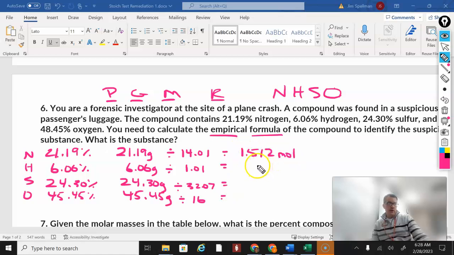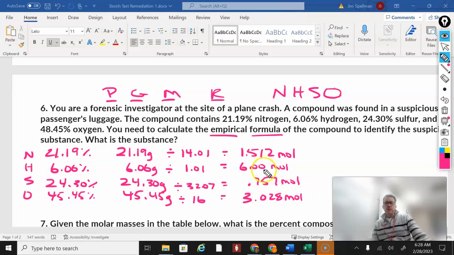I'm going to err on not rounding these. Hydrogen ends up being 6.00 moles. Sulfur, do the math, 0.757 moles. And oxygen, I believe, is 3.028 moles.